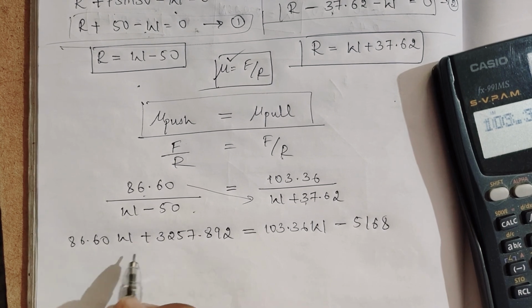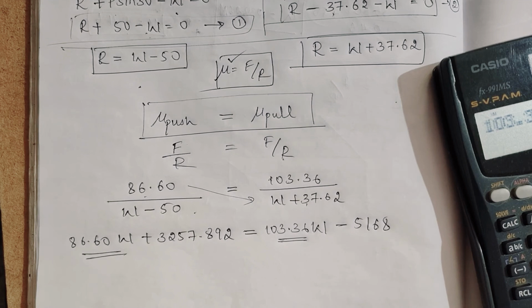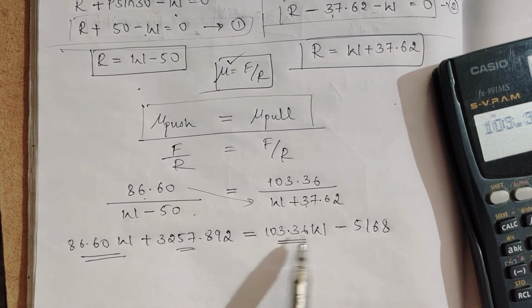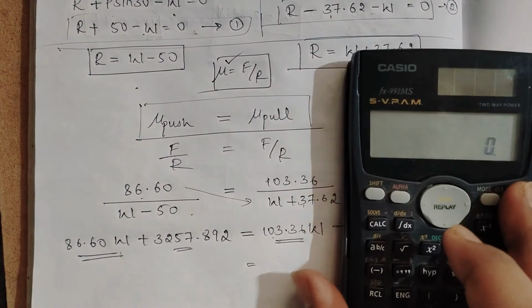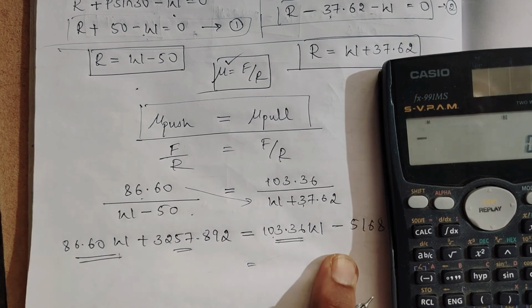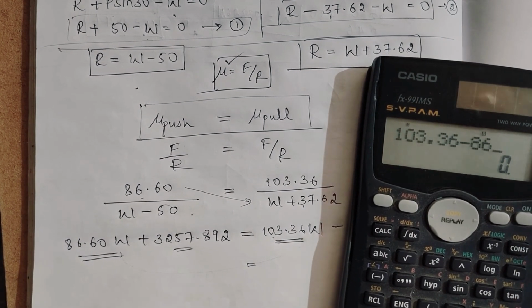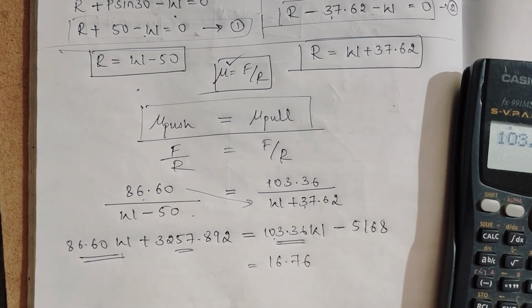Okay, take W at one side. Because this is the bigger one, I'll send this to this side. So when I send this to this side, it will become 103.36 minus 86.60, that is 16.76.